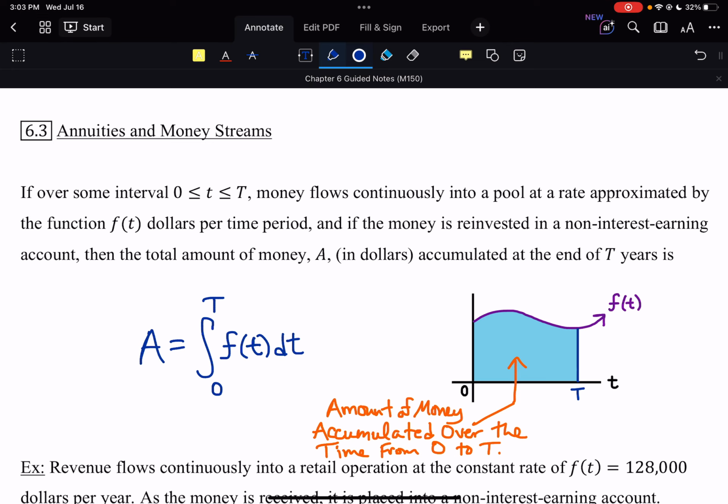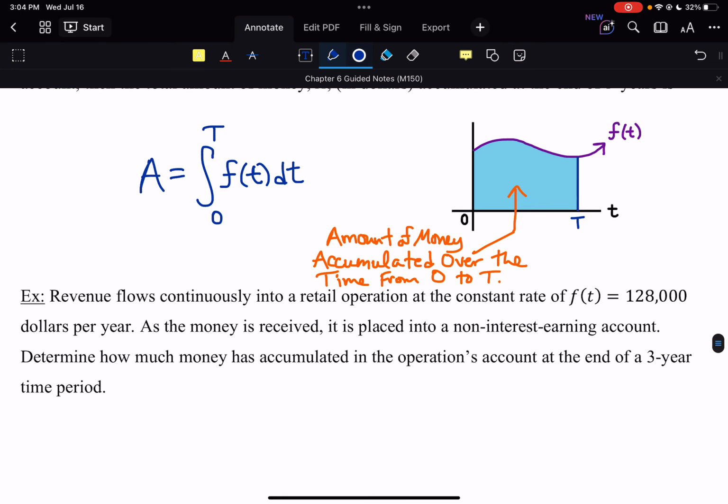You're taking the integral of a function. All that's really changing is the context. So let's take a look at an example.